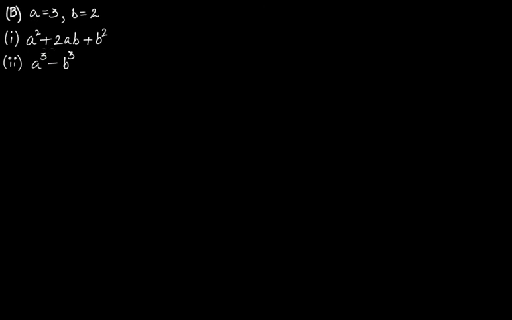You have to find the values of these two expressions when a is equal to 3 and b is equal to 2. So first let's take this first one. This is a squared plus 2ab plus b squared. If you put a as 3, so 3 squared plus 2 times 3 times b, which is 2, plus b squared, 2 squared.